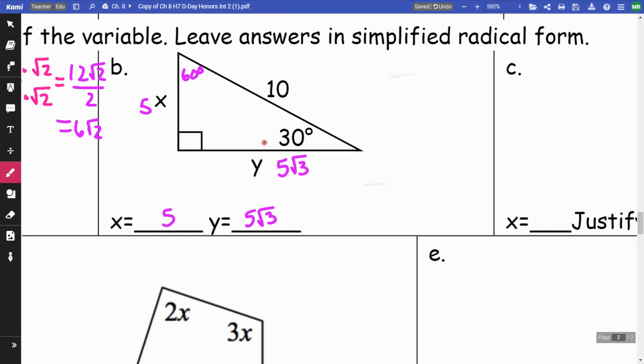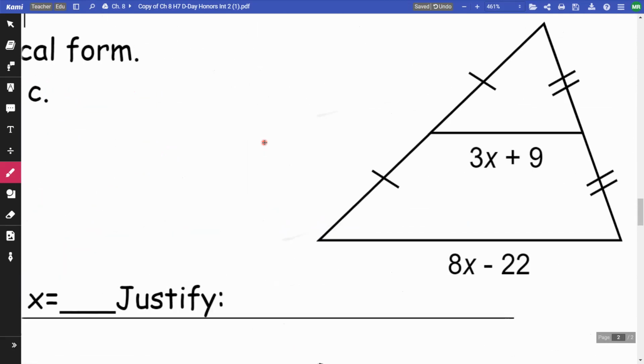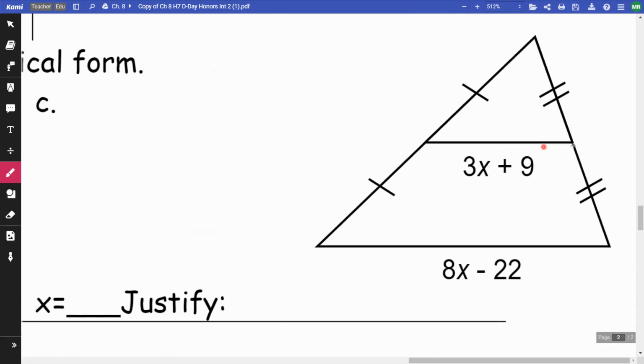On C. On this one is one where we have the mid segment, okay? And what that means is that, so this is the mid segment theorem.